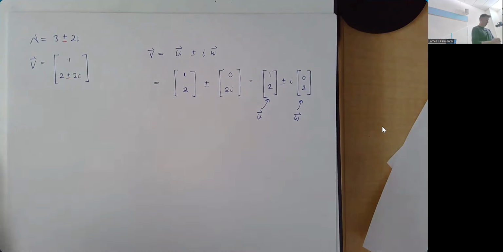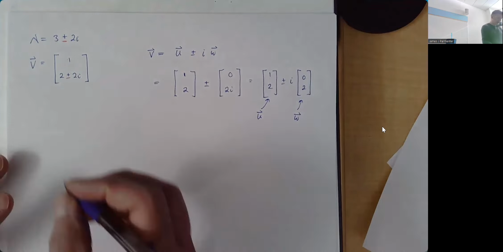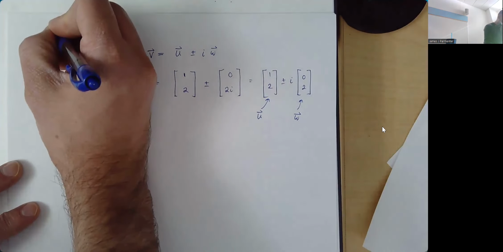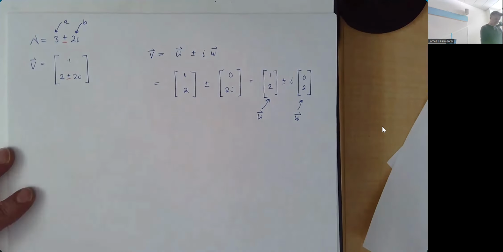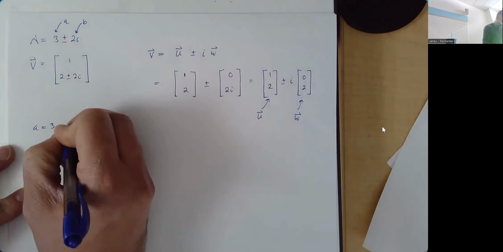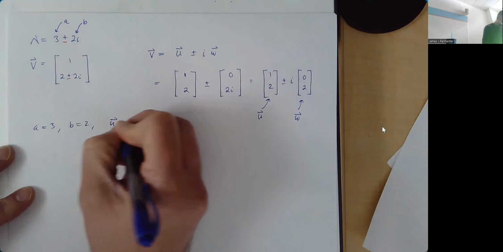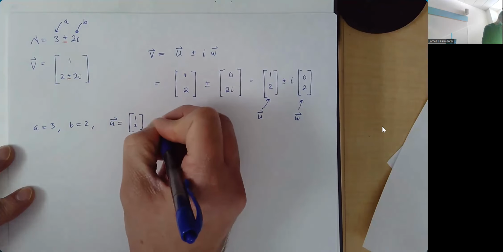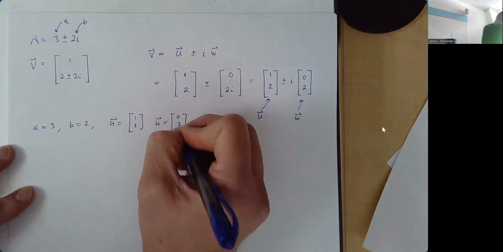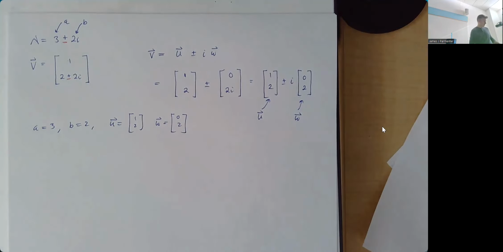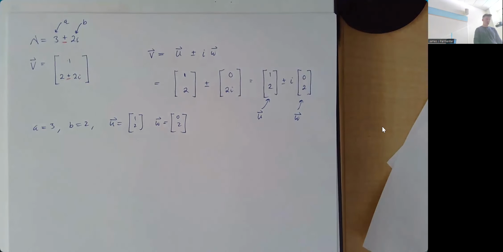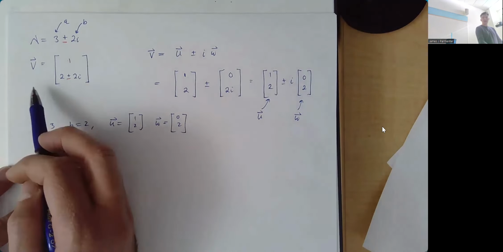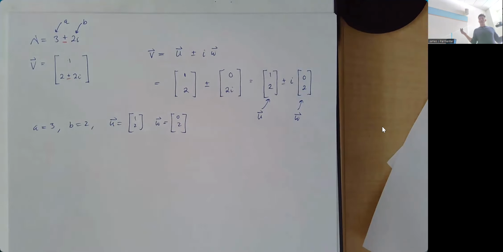And all I'm doing is following the format that was given to me. Also a reminder, in lambda equal to 3 plus or minus 2i, the 3 is your A, the 2 is your B. So A equals 3, B equals 2, U equals 1, 2, W equals 0, 2. So I broke up the vector V here into the real parts plus the imaginary parts.